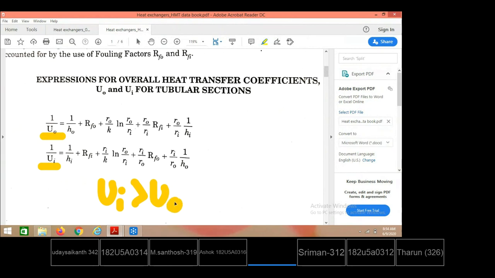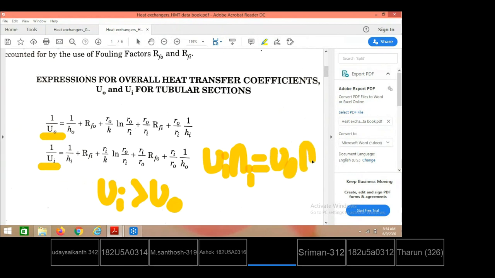Sorry, UiAi is always constant, UiAi equal to UoAo.